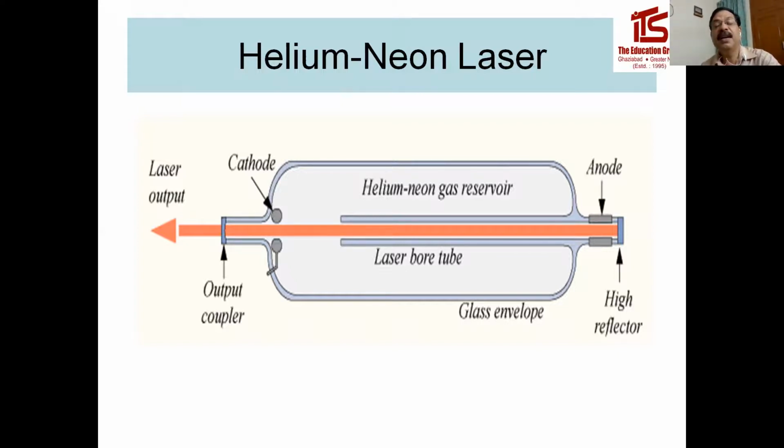The optical cavity of the laser usually consists of two concave mirrors. Here in this diagram, there are two mirrors.